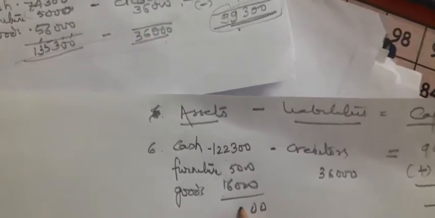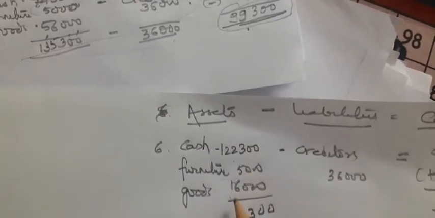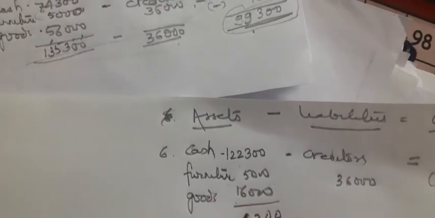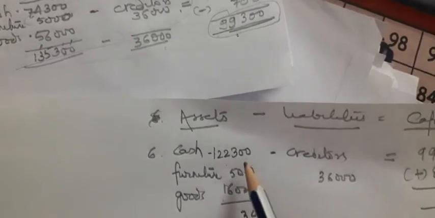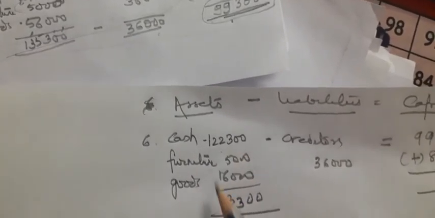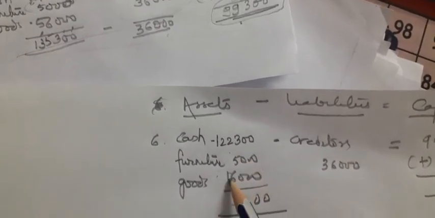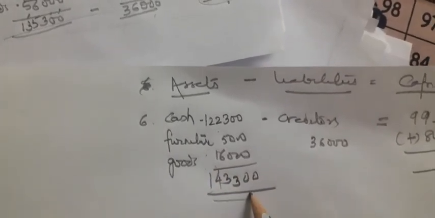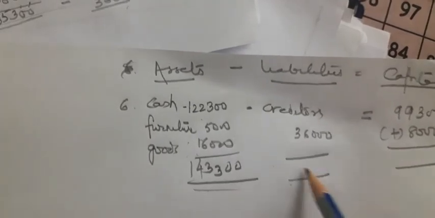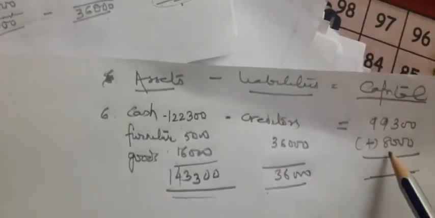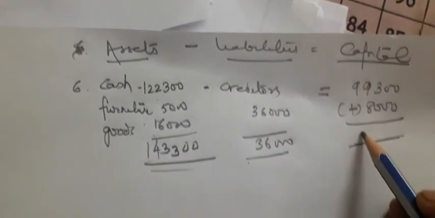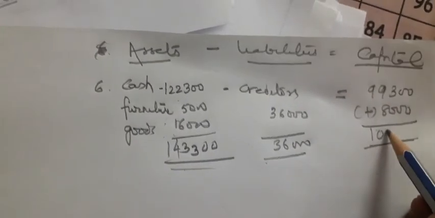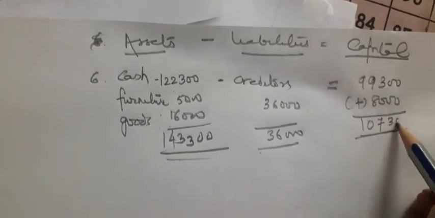So the total of assets after sixth transaction is 1,43,300. Total of creditors is 36,000. Liabilities and total of capital is 1,07,300.